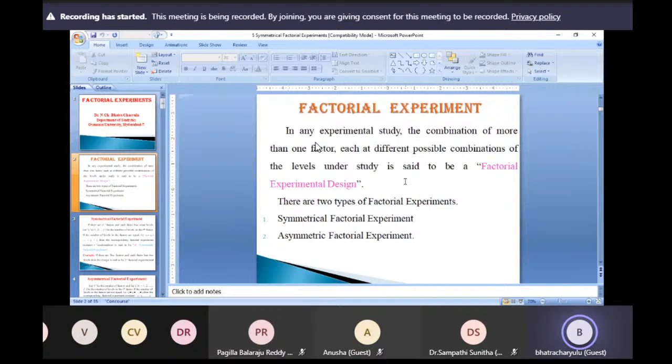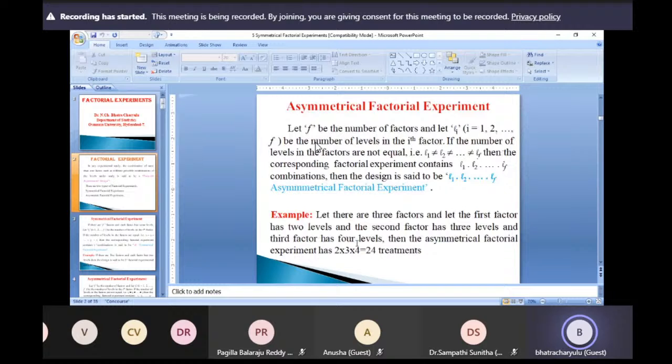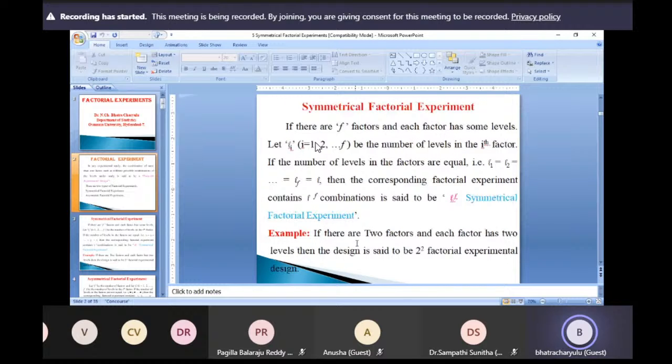Now, in factorial experiments, we have two major types, symmetrical factorial and asymmetrical factorial. In symmetrical factorials, I have F factors, like 3 factors or 2 factors or 4 factors. Each factor has some levels, and the number of levels is Li.